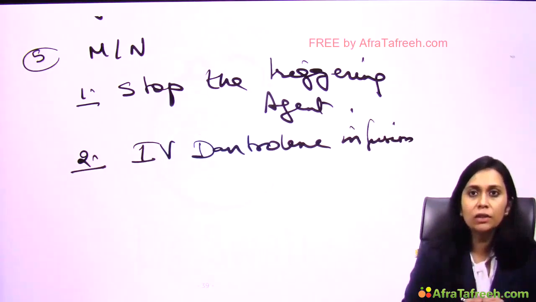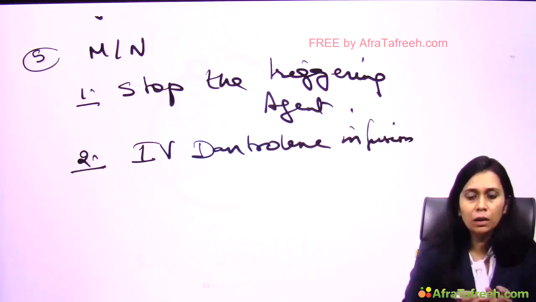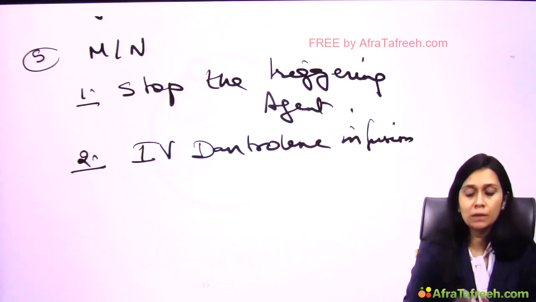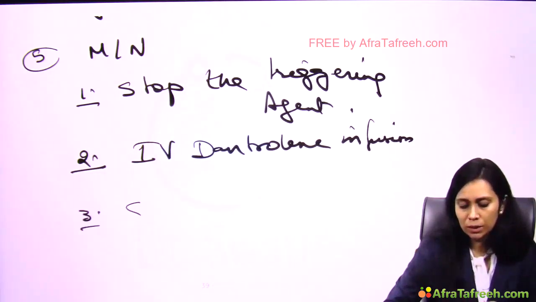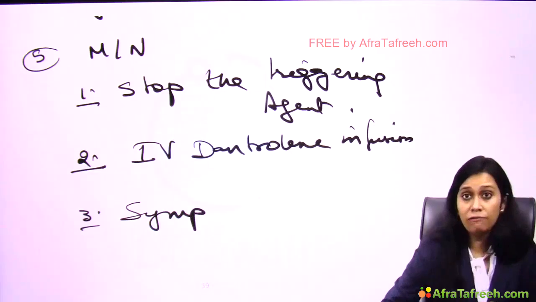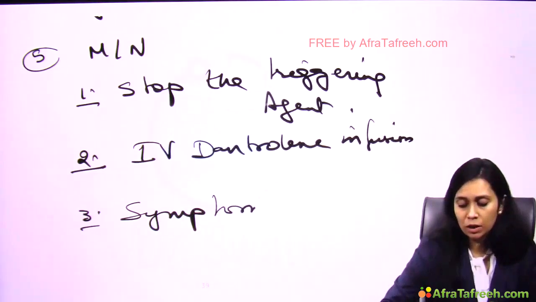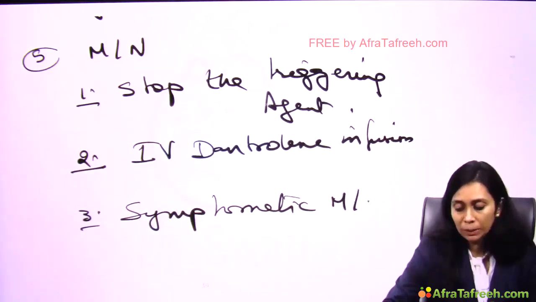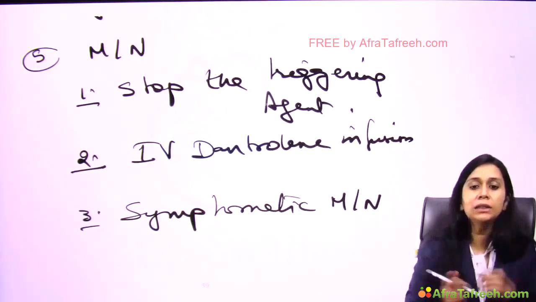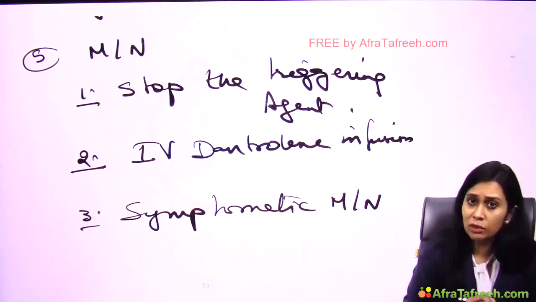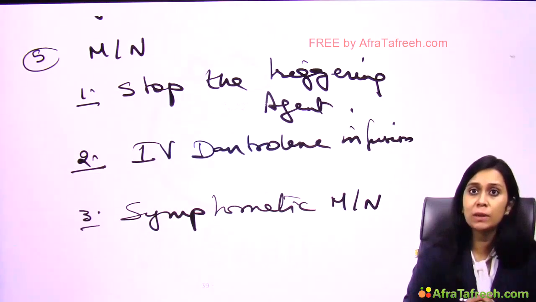Dantrolene stops the release of calcium from the sarcoplasmic reticulum, and malignant hypothermia stops. And third, symptomatic management. We have to do very fast symptomatic management, otherwise we lose the patient before dantrolene has its effect. This is the sequence of management and this is the priority of management as well.